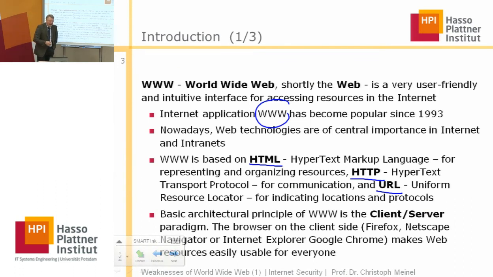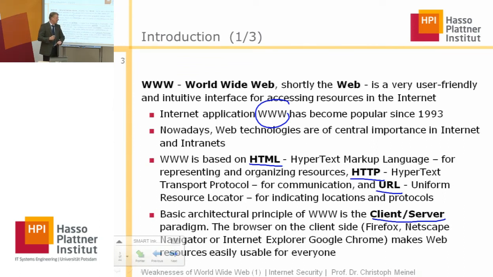The basic architecture of the World Wide Web is based on the client-server paradigm. Also, this is very well known to you. We have the browser on the client side. So the browser is the client in the World Wide Web. You know that there are several popular browsers like Firefox, Netscape Navigator, Internet Explorer, Google Chrome and others, which make the web resources easily usable.